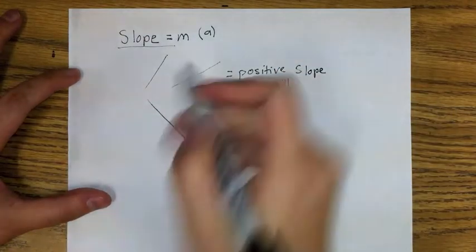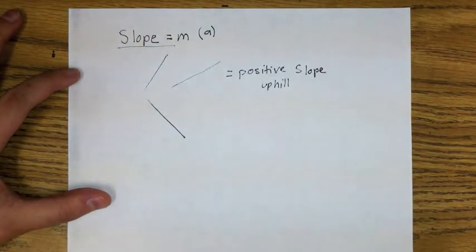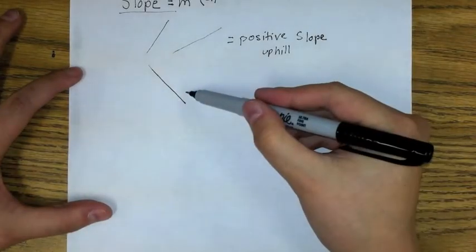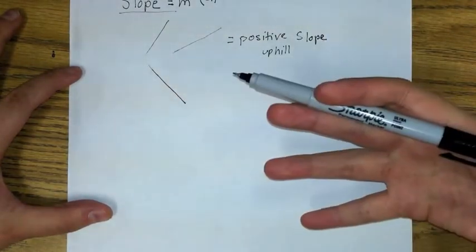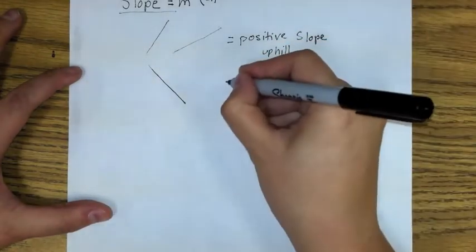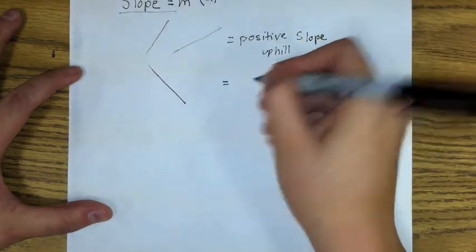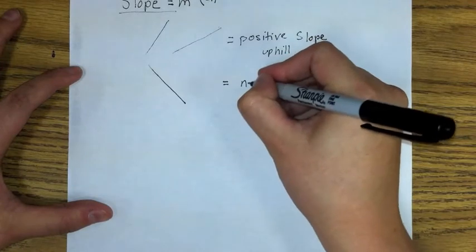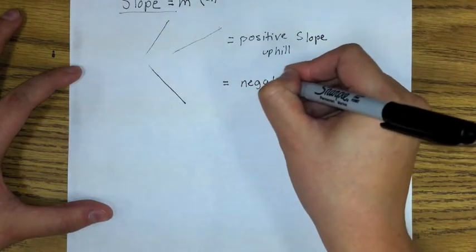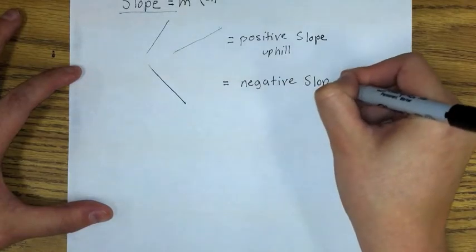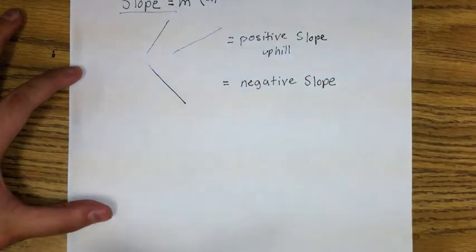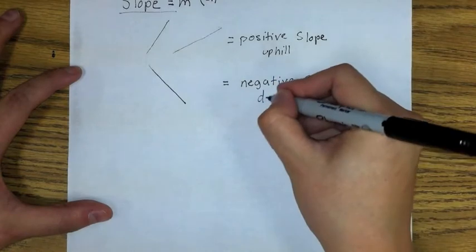So thinking about, here's a person climbing up, they're going uphill. Look at this second line down here. It's going downhill. So how do we represent anything in math that's going down? Well, with a negative. So we call this a negative slope. And once again, a good way to remember that, it is going downhill.